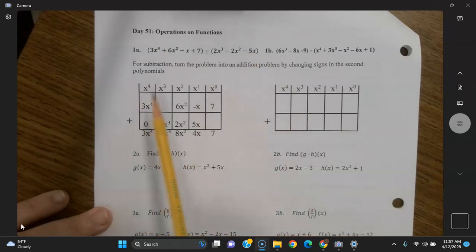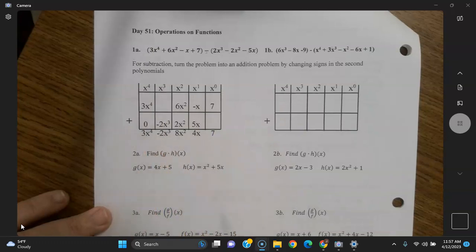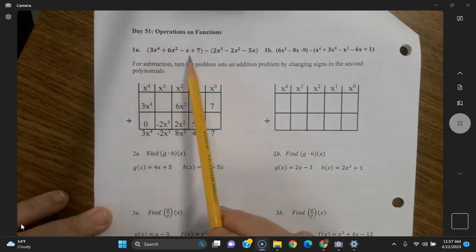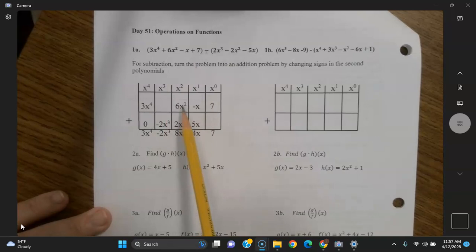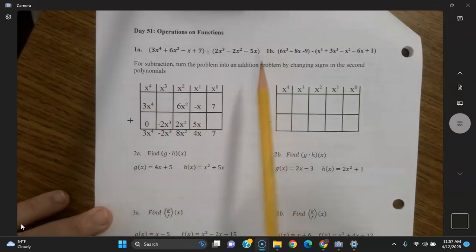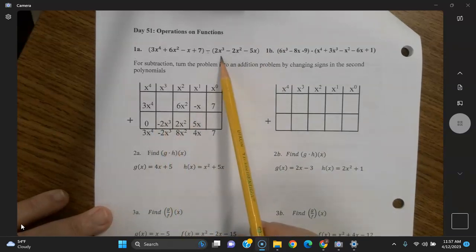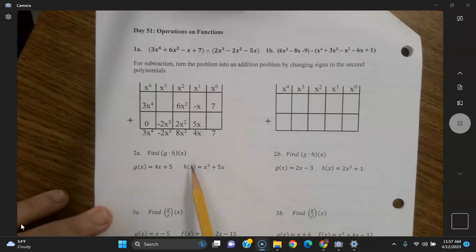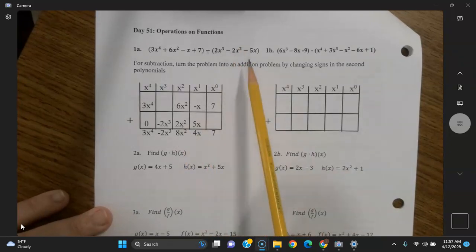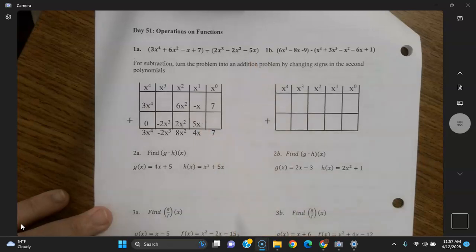Okay, so again, I set up the columns exactly the same, put a plus sign there. This first polynomial remains the same. That doesn't change. Again, you can put a 0 there if you want. Now the second one, we don't have an x to the fourth term. Now there's the negative 2x to the third. You distributed that negative sign there. There's the positive 2x squared from there. And there's the positive 5x right there.